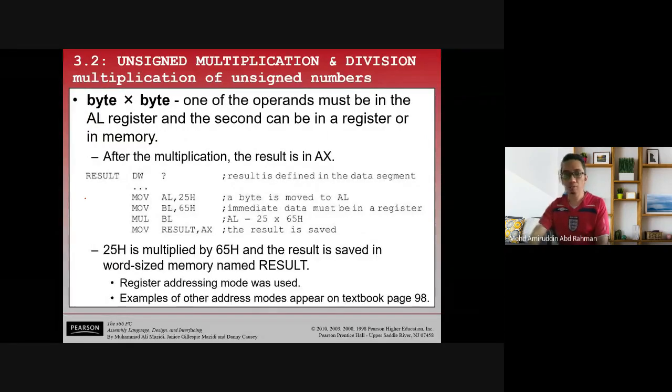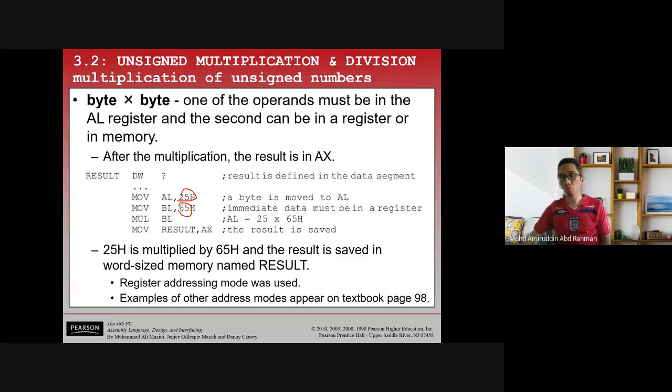So we look at byte times byte. Over here, 25 is moved to AL and 65 is moved to BL, and then we do the multiplication with BL.